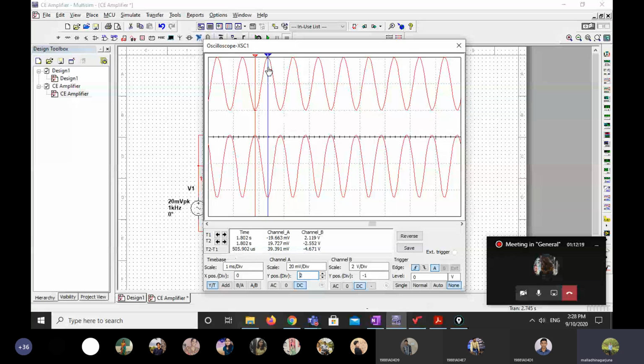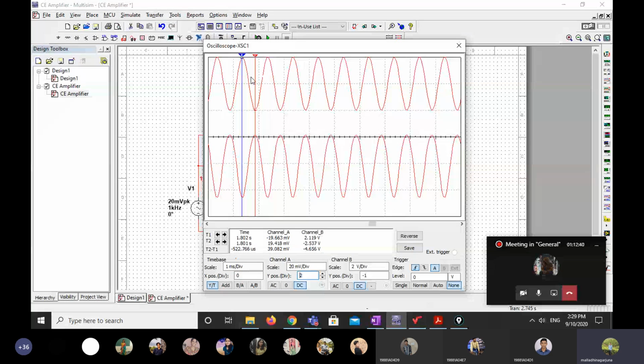Now see the output on channel B: 2.119 volts is the positive peak, minus 2.552 volts is the negative peak. So peak to peak, how much did you get? The minus is just the phase inversion of the combination.